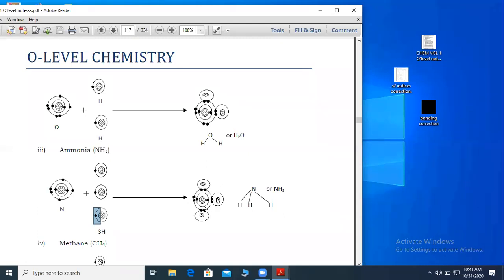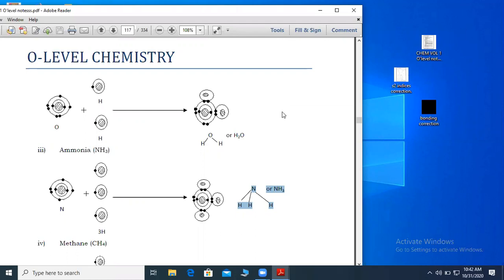The structure will be N, nitrogen, bonded with 3 hydrogen atoms. That's why you are seeing the structure being made like this. Where you see a bond between nitrogen and hydrogen, there are 2 electrons being shared, whereby each atom has contributed 1 electron.